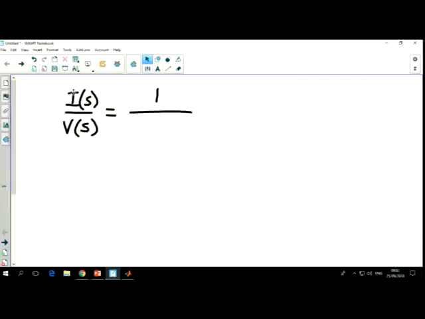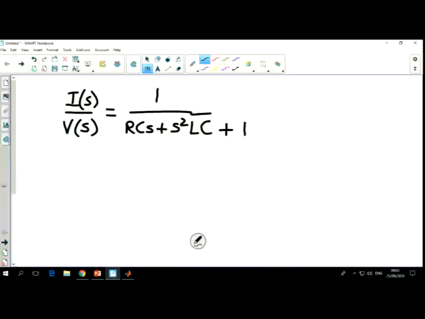Have you got it handy? No, I remember it. You can remember it, that's really good. That was RC. Was it RCS? Yeah, and then S squared LC plus 1, something like that. Don't copy this because this might be wrong. No, that doesn't look right. I don't want to have to do it from scratch.